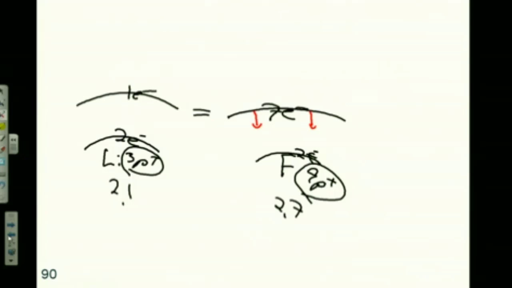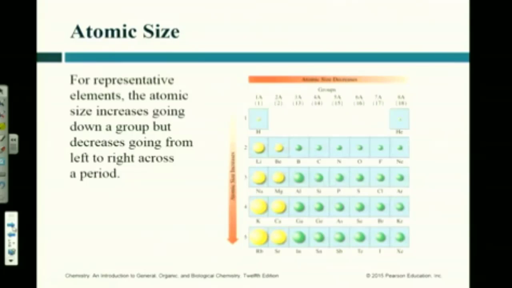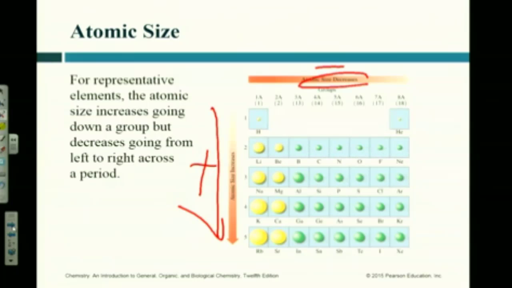A little bit? So, what are the trends? Things get bigger as you go down because you have more energy levels. And they get smaller as you go across because you have more protons to pull those electrons closer.